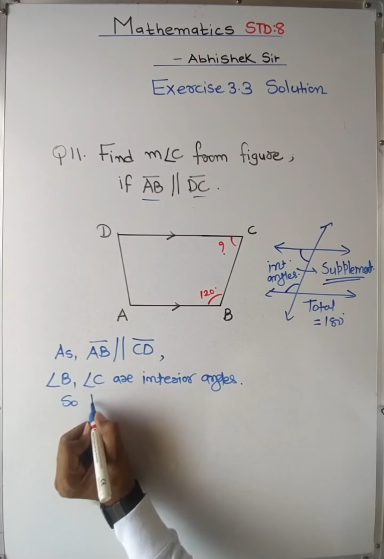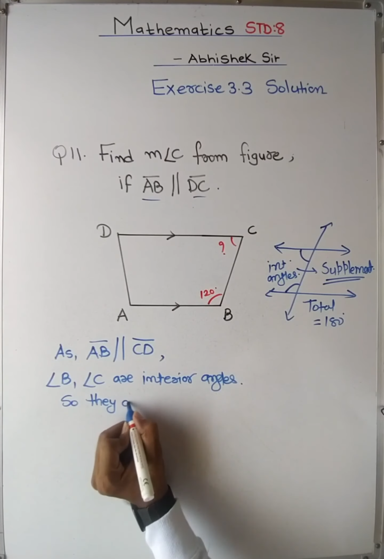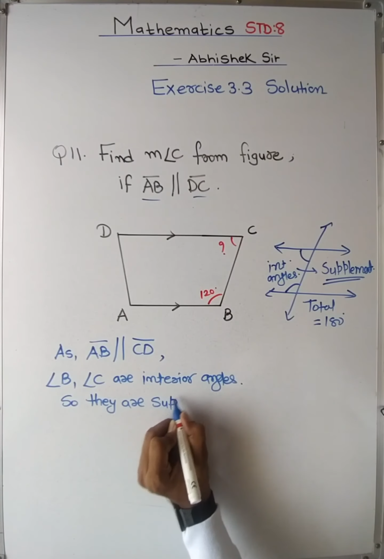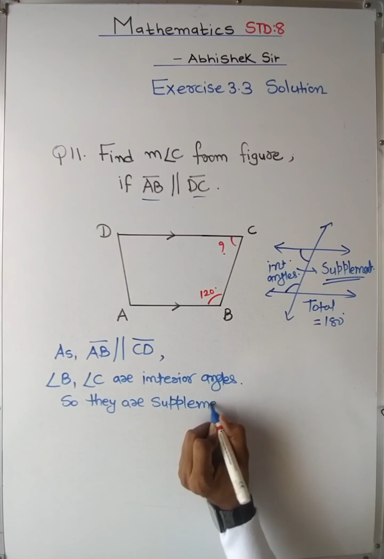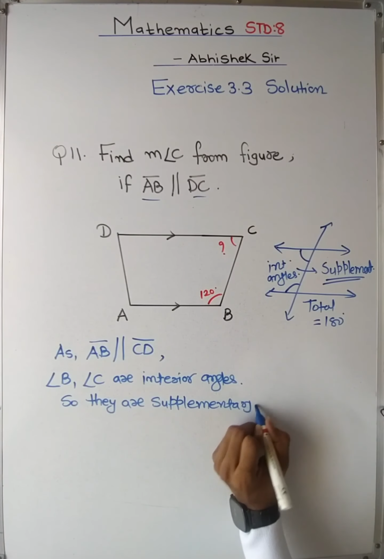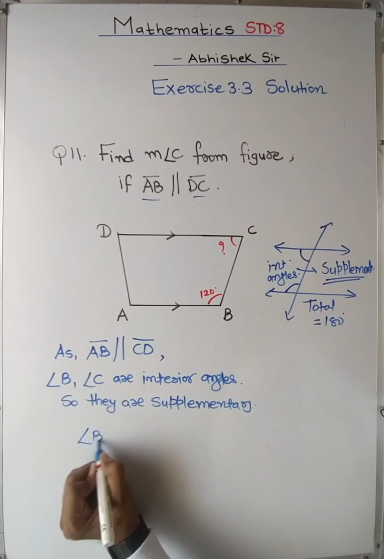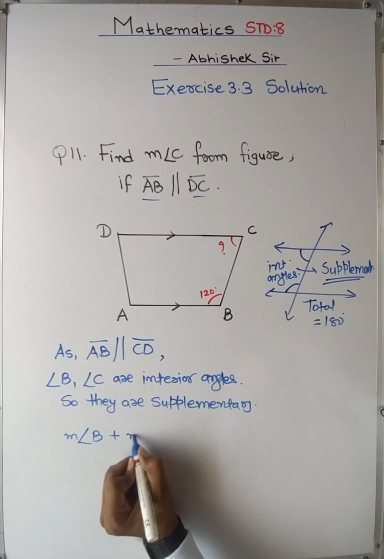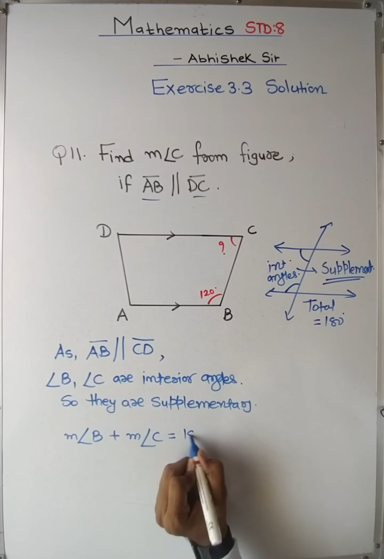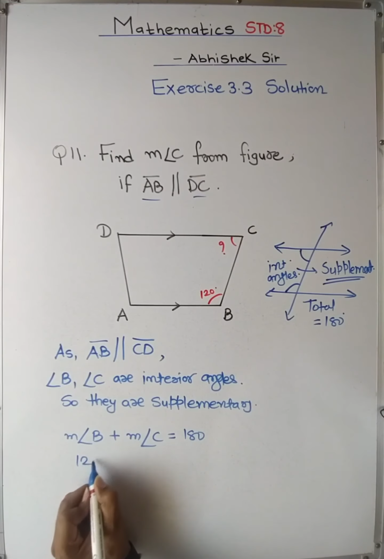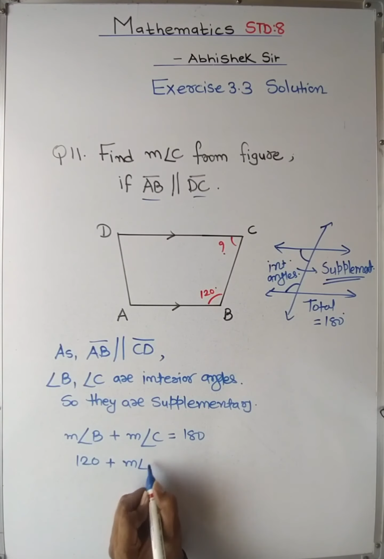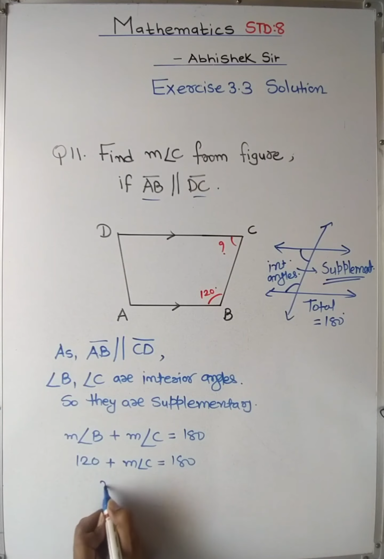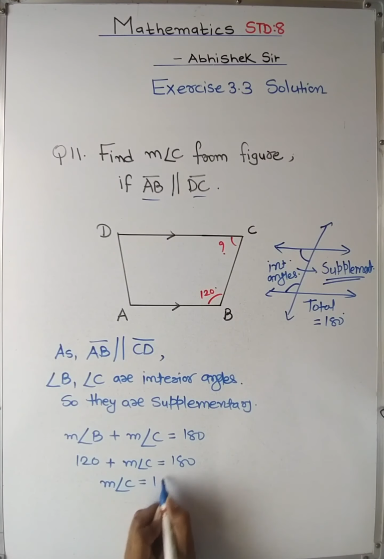So they are supplementary. That means if you add measure angle B plus measure angle C, you will get 180. Measure angle B is 120, measure angle C is what we are finding. So measure angle C equals 180 minus 120.